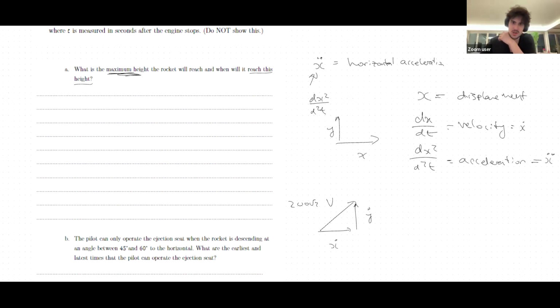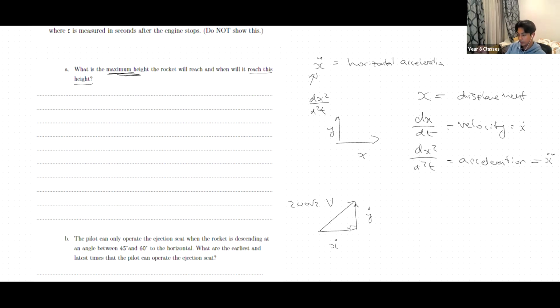Wait, so we're trying to find y dot. What is y dot going to be equal to at max height? So what's our vertical acceleration going to be? 2000 root 2 sine 45. Oh no, 0, sorry. Why is it going to be 0?